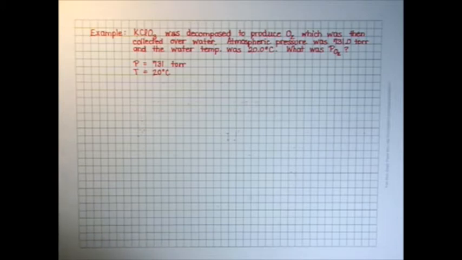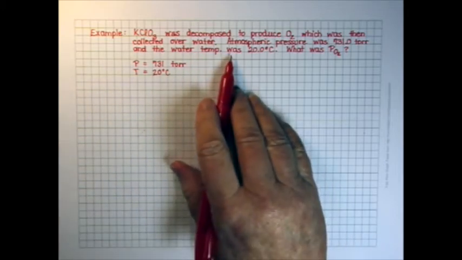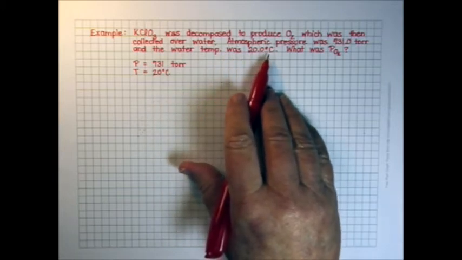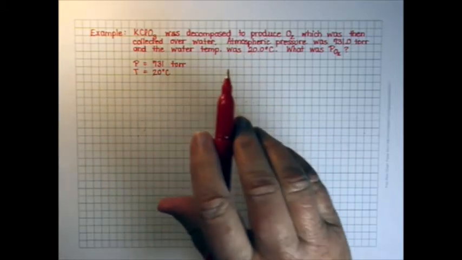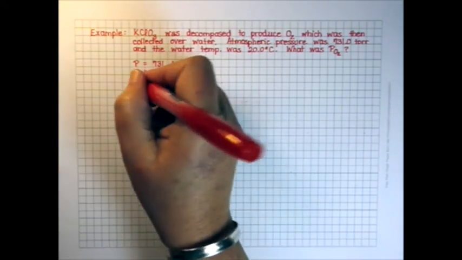All right, the water temperature was 20 degrees Celsius, and you have this overwhelming urge to add 273 to it. You don't really have to do that, because we only need this water temperature for the table that tells us how much pressure of water vapor we're going to have. And those tables are generally in degrees Celsius rather than in kelvins. So you really don't have to convert this one. And they are asking us for the pressure of the oxygen.